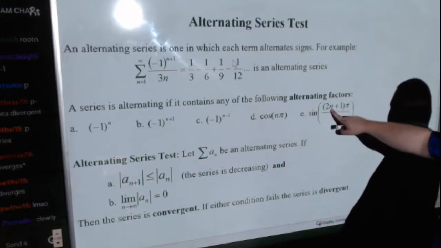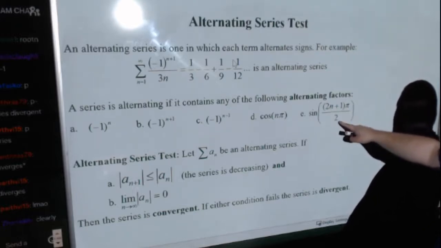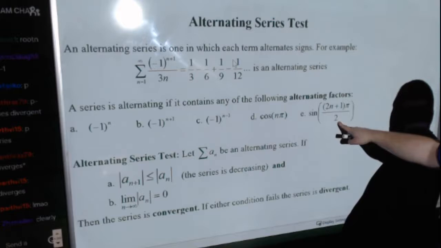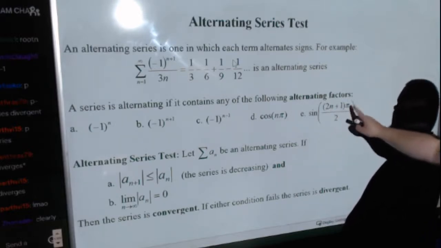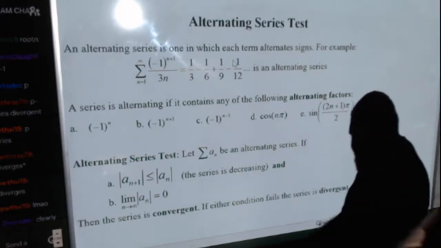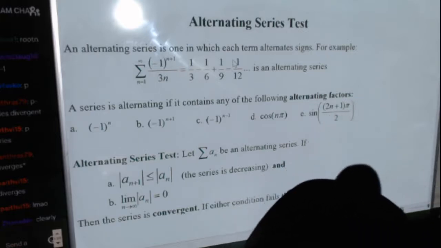So if n is 1, we get 4 pi over 2. If n is 2, so this is always going to be 0. So yeah, let me fix that. I had a feeling that was still incorrect.